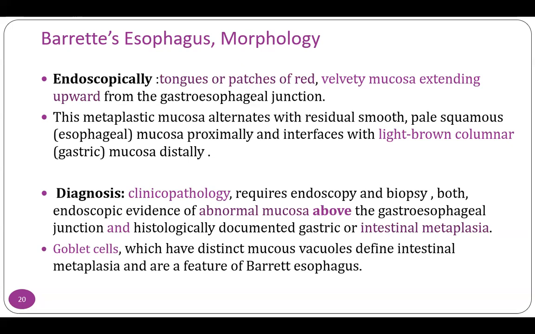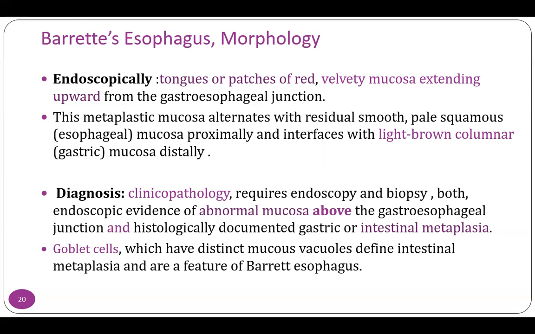What's the color for the columnar? Light brown. Dark, close to the red color, to the brown color. So the color is very important. We can see that this is squamous mucosa and the other one is a different mucosa. Actually, this is the way we see it in Barrett esophagus.